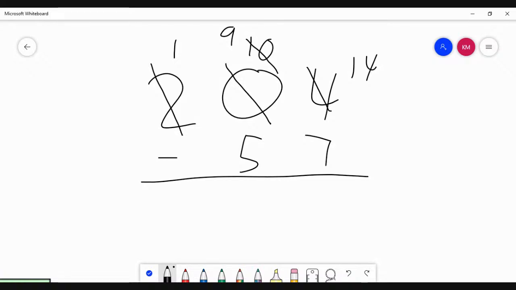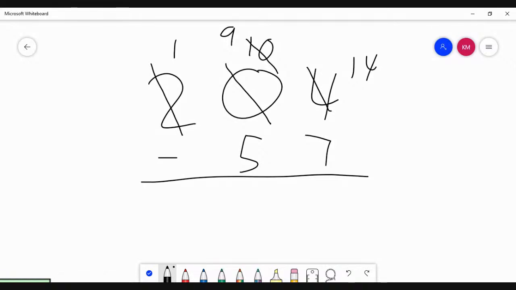Or put it this way, the 1 from the 2, I borrowed 100, and I put 100 over the 5. Then I borrowed 10 from that 100, which made my 10 now become a 90. And then I added 10 to my 4, which gave me my 14.